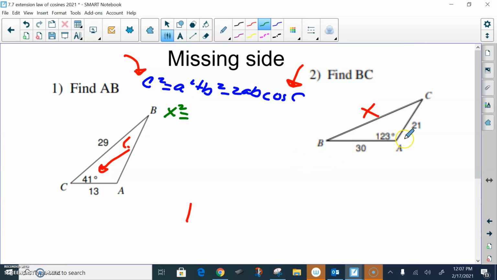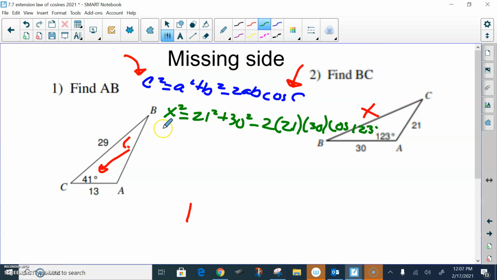And then it's the other two sides, just like in the Pythagorean theorem, 21 squared plus 30 squared minus 2 times, and you repeat these two numbers, 21, 30, and then cosine of c. Again, we don't care what c is. C has to be the angle across from the unknown side. So in this case, we're going to say cosine of 123.